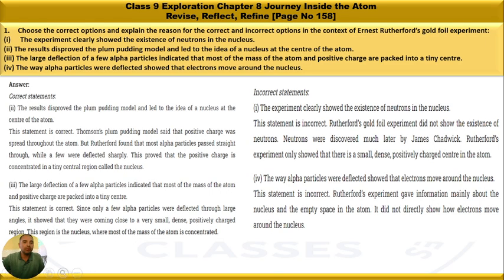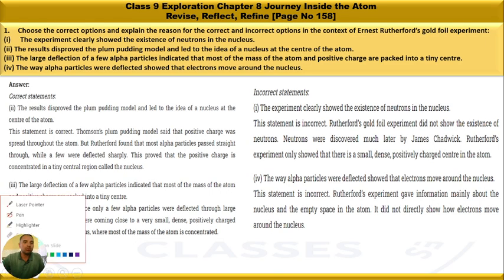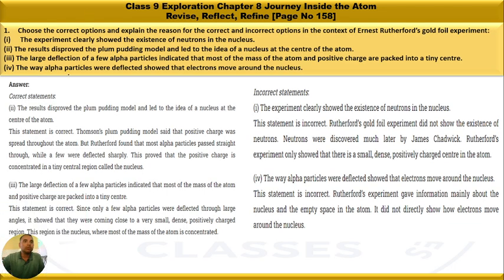The options given here are: the first option, the experiment clearly showed the existence of neutron in the nucleus. Second, the result disproved the plum pudding model and led to the idea of a nucleus at the center of the atom.